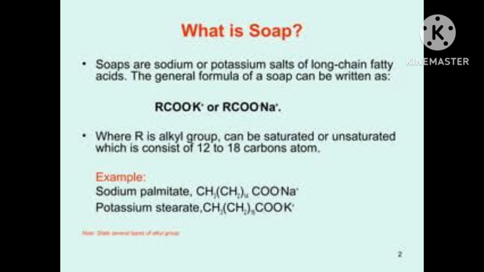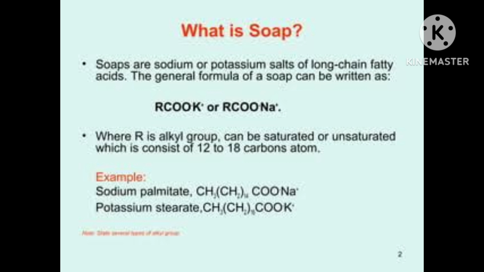And if it is present in a little more quantity, then it is expressed in milligram per liter, mg per liter, of calcium carbonate equivalent.